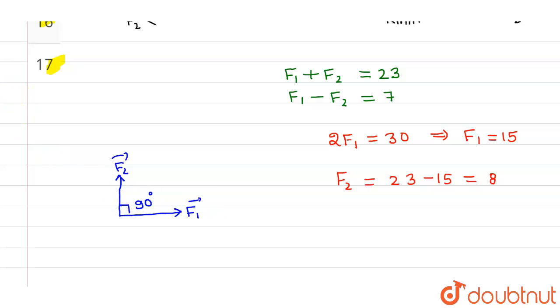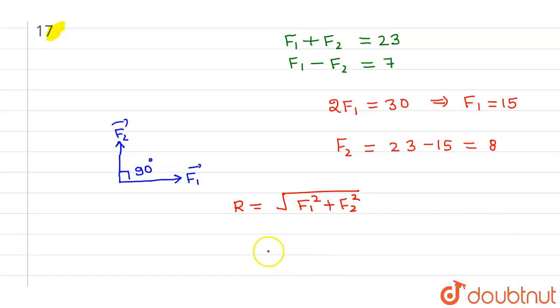In this case, the resultant of both of these will be given by root over f1 square plus f2 square. This thing we know. Now if I put the value of f1, which is 15, this comes out to be 15 square, which is 225, plus f2 square, which is 8 square, which is 64.